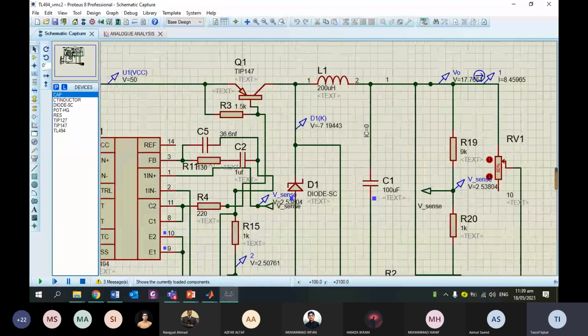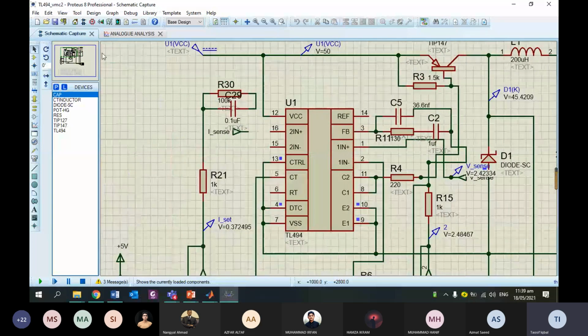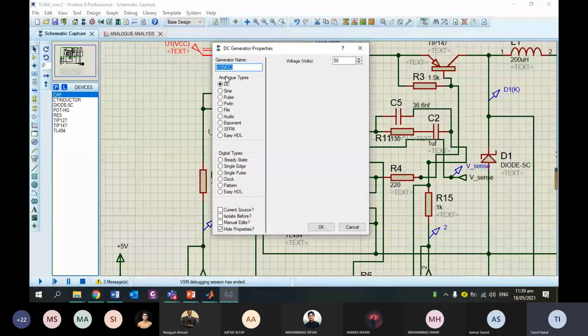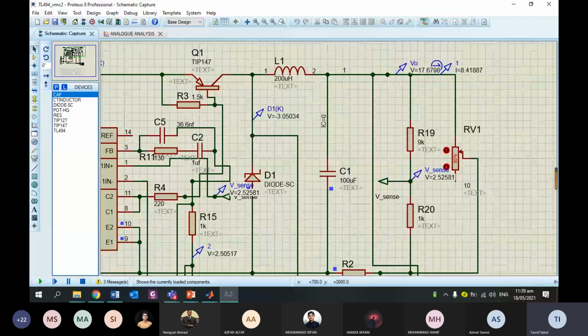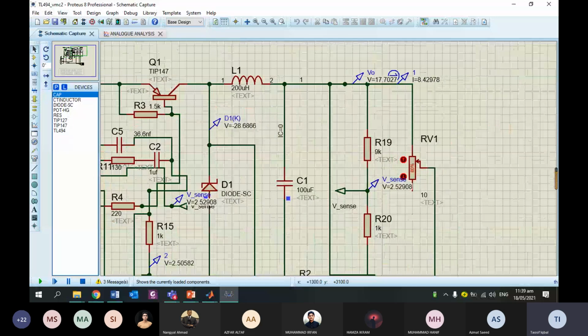Let's look at the voltage, how much voltage we have set. The voltage is 50 volts. Our initial voltage is 29, so we start from 29. Still you can see the voltage is stable around 17.5.